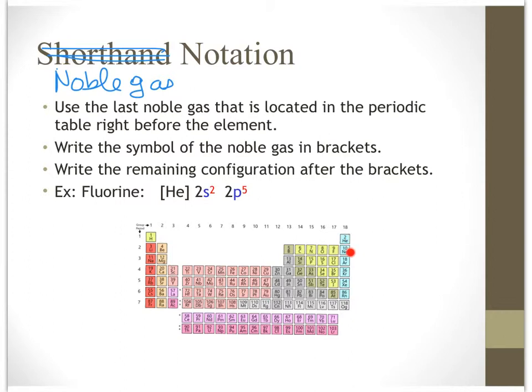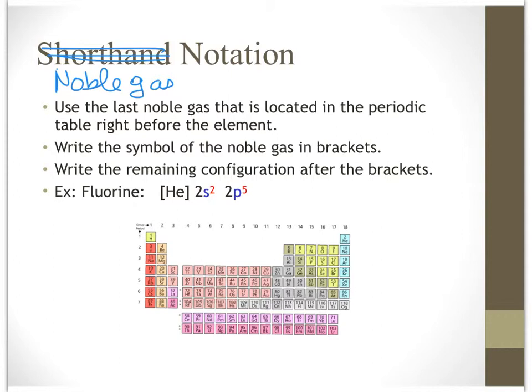Neon, on the other hand, has a 2p6 configuration, meaning, you guessed it, it's full. All the rest of the noble gases, excepting helium, are all going to have whatever energy level they're in, p6. So you can use that as a shortcut and just write everything that's different after the noble gas.